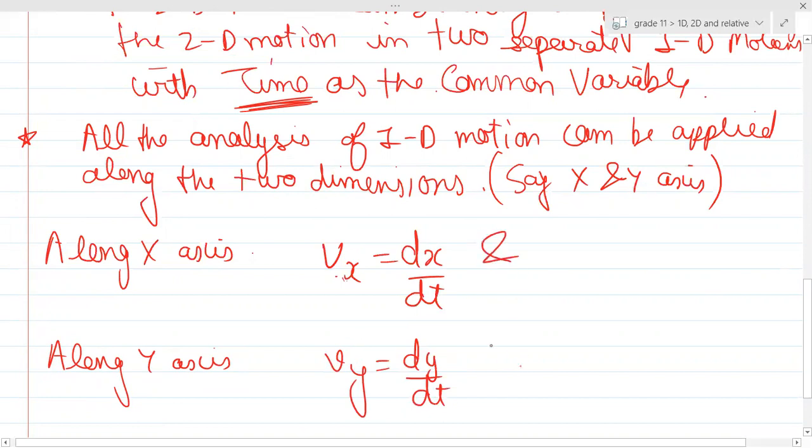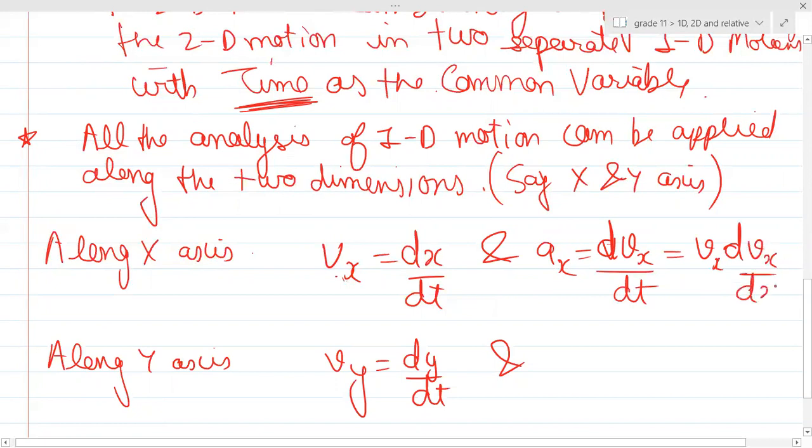Yes or no? So can you see it's still vx is equal to dx by dt and vy is equal to dy by dt. x and y are variables. Okay. Acceleration along x will be dvx by dt, or it is equal to vx dvx by dx. You remember v dv by dx?